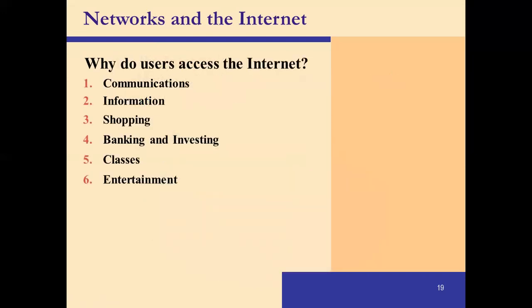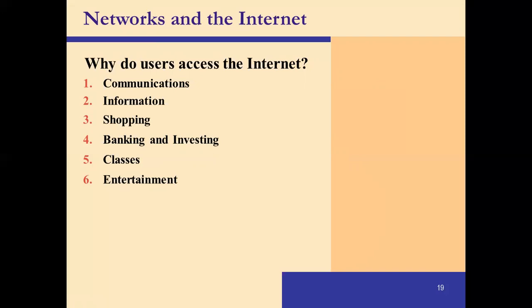Why do users access the internet? These are the uses of internet: for communicating with one another, to share information with one another. And right now in corona days and lockdown, online shopping and online banking are very common ways of sending and receiving money.